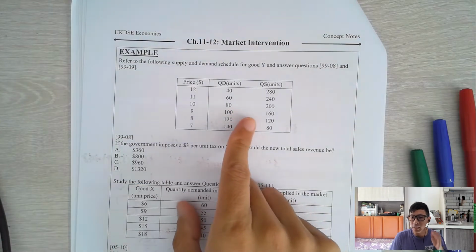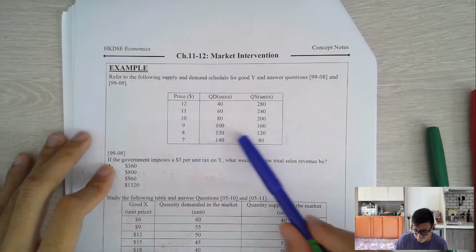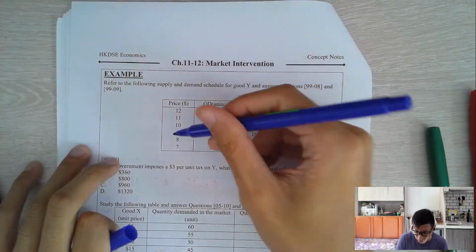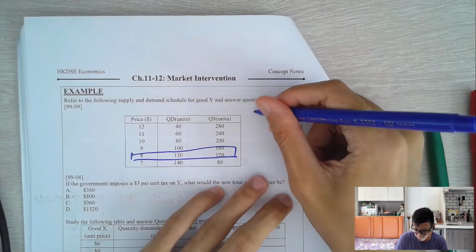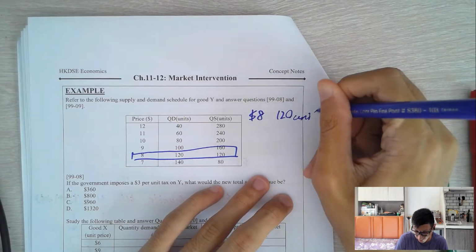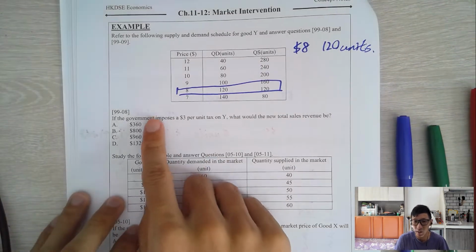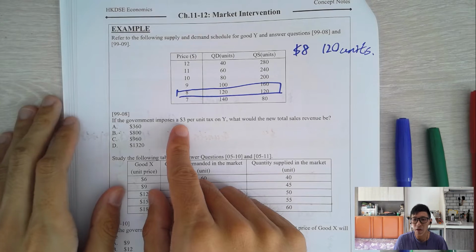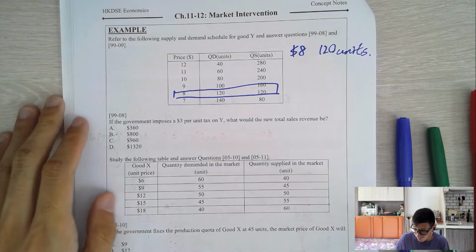Here, we need this table for the next 2 questions. Now let's mark down the original one would be this guy. Original would be $8, 120 units. 原先係呢個啦。Now the government imposes a $3 per unit tax. 記住啦，per unit tax.